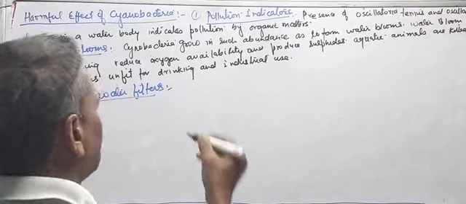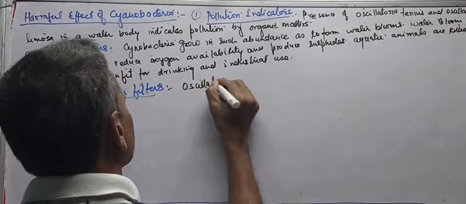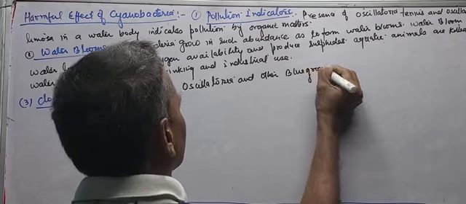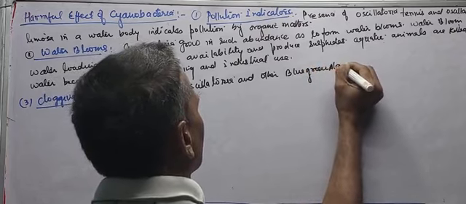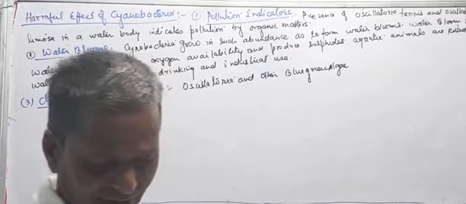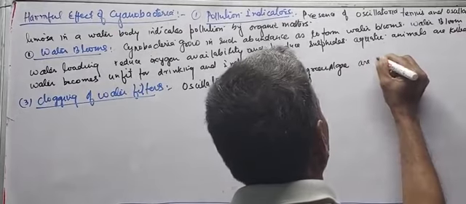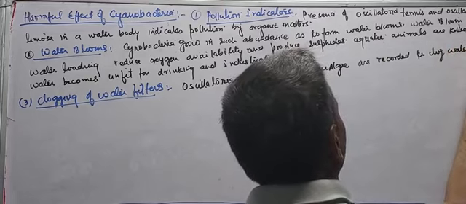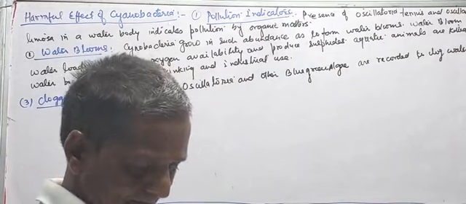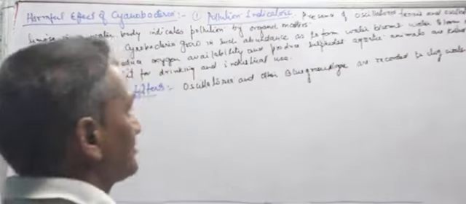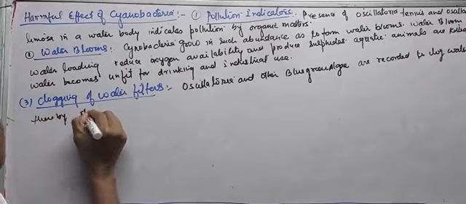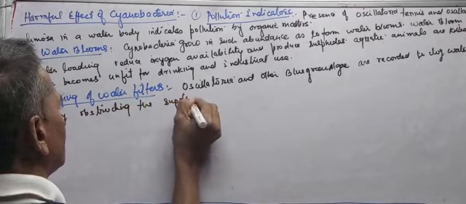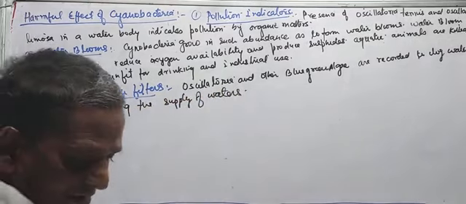Oscillatoria and other blue-green algae are recorded to clog water filters, thereby obstructing supply of drinking water.